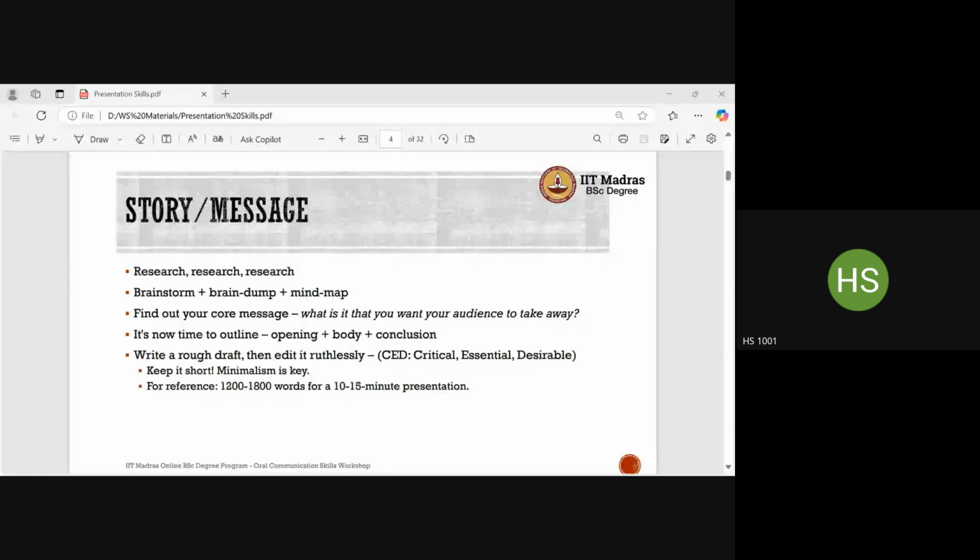Right. If you are making a 10 to 15 minute presentation, then typically you'll be asked to make a presentation that has 1200 to 1800 words in it. Not more than that. Remember that no matter how short your draft is, when you speak, there will be more words in it. So you have to make sure that your draft is minimal.